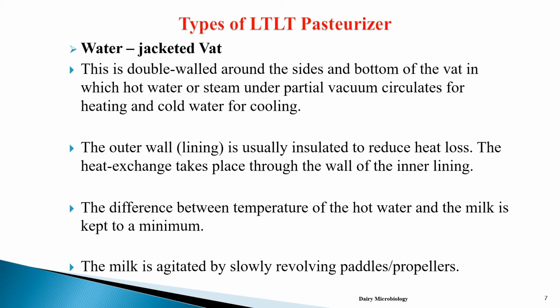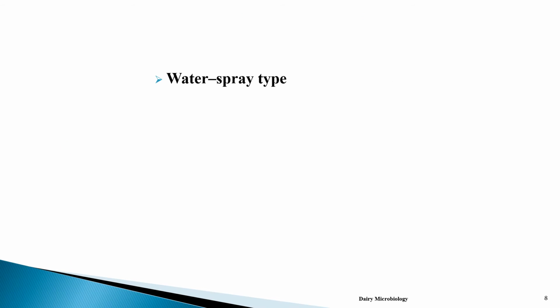During heating, the milk is agitated slowly by revolving paddles or propellers. The second type of pasteurizer is the water spray type, meaning spraying of hot water on the tank.